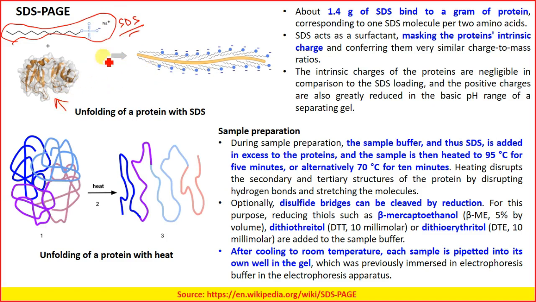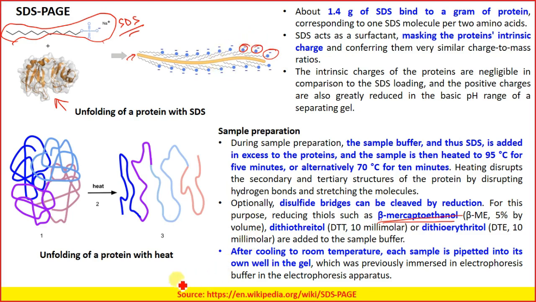Now these protein molecules in presence of beta mercaptoethanol and the SDS become a linear chain polymer, and these SDS molecules attach themselves onto it, and during this process they impart a negative charge over the protein.